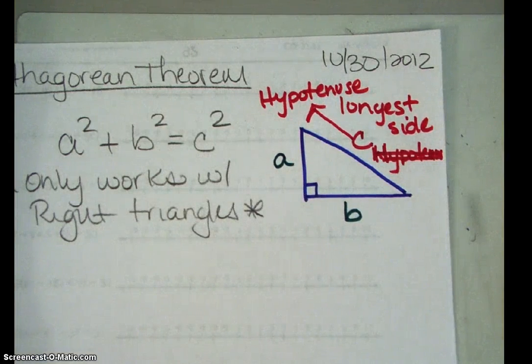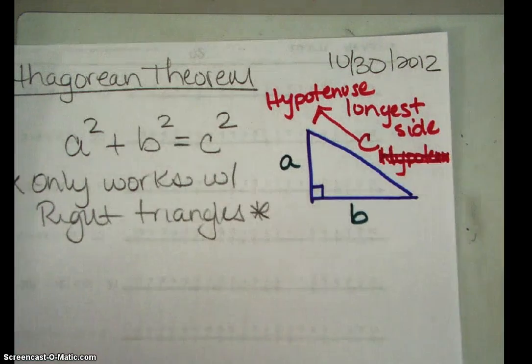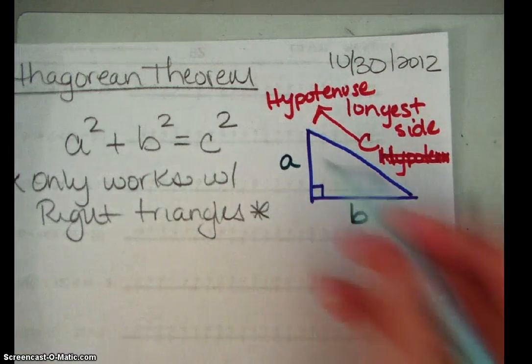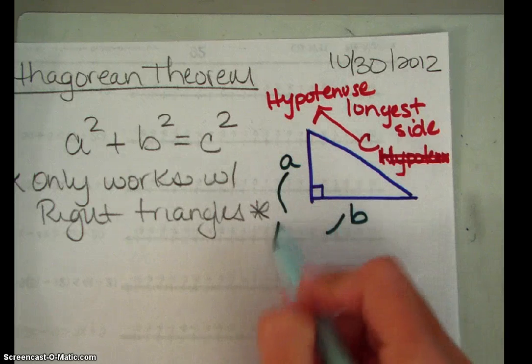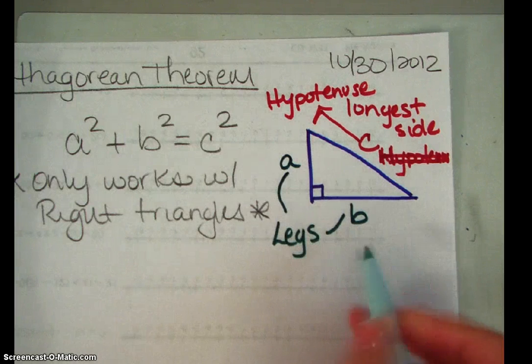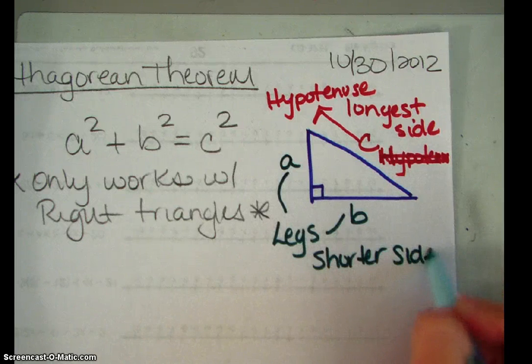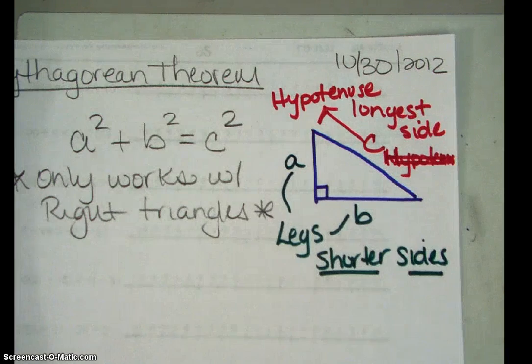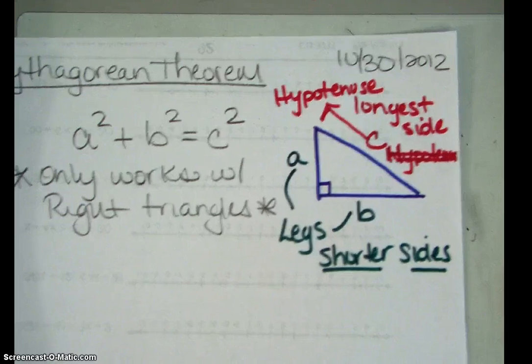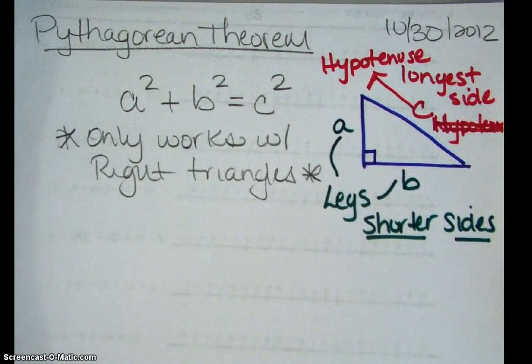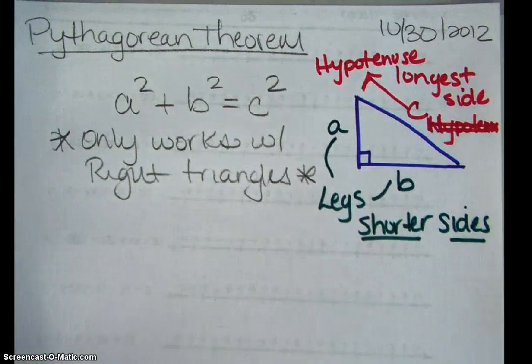Hypotenuse. Okay. Now, A and B, which are our shorter sides, are called legs. And you may want to write shorter sides. Well, there's lots that we can do with the Pythagorean Theorem, but we're going to start out with baby steps.